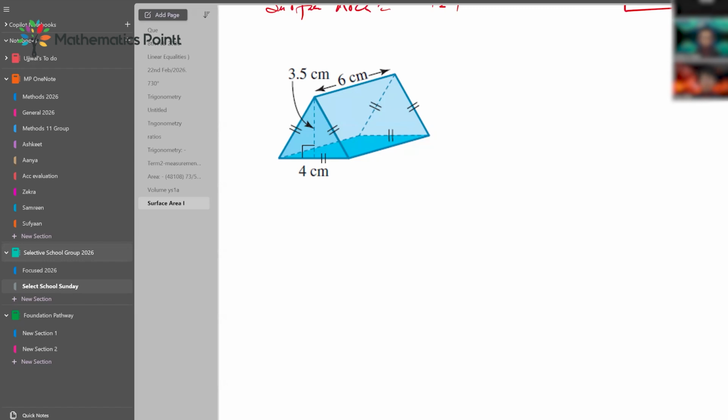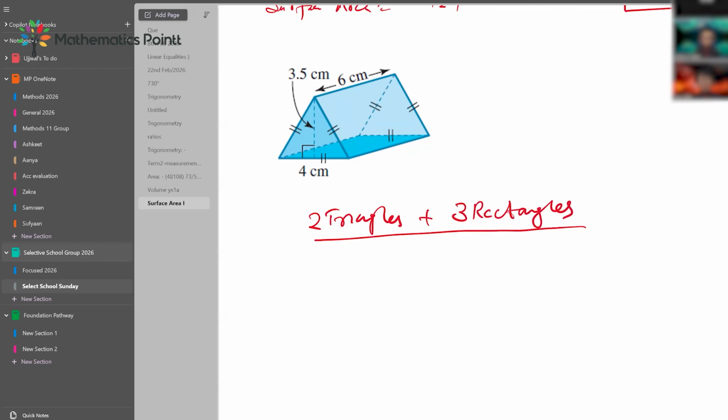So what we have here is we've got two triangles and again three rectangles. The two triangles, let's pick up the first triangle.